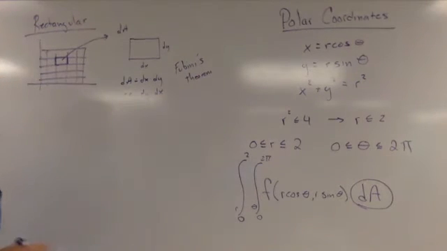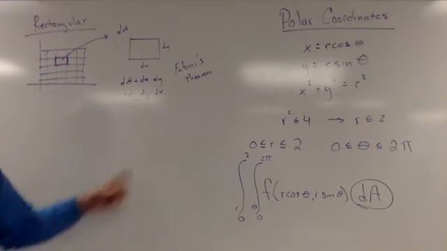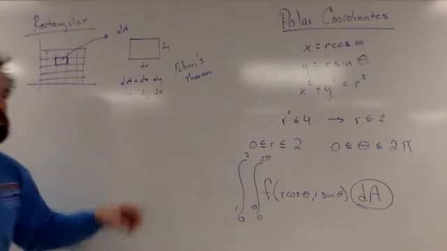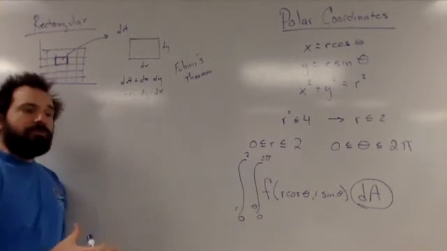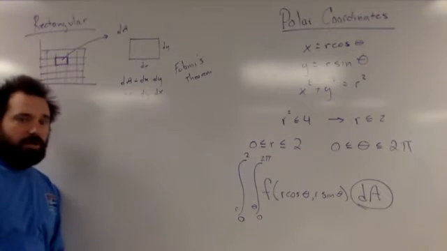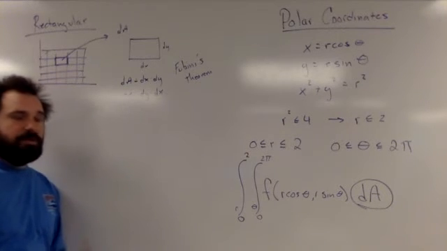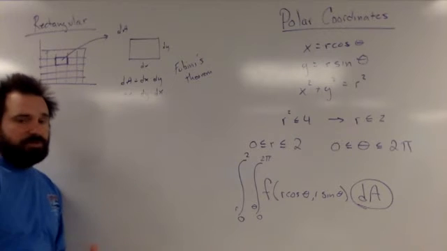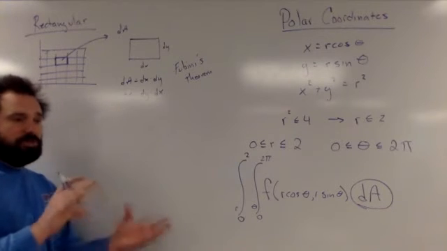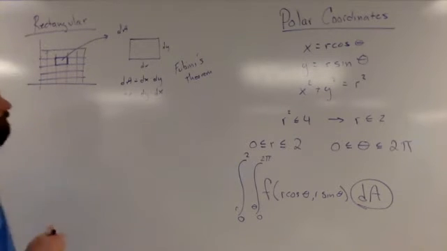Which says when I iterate my integral in 2 dimensions, it doesn't matter if I take the dx dy or if I do dy dx. Keep this in mind because sometimes the function or the surface that you have, it's going to be much easier to integrate y values first. Sometimes it's going to be easier to integrate x values first. So make sure you're paying attention to how the function, how everything works.